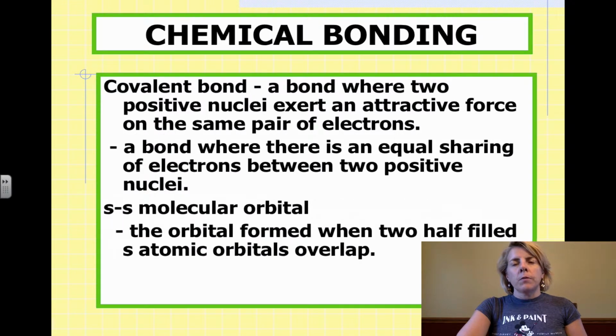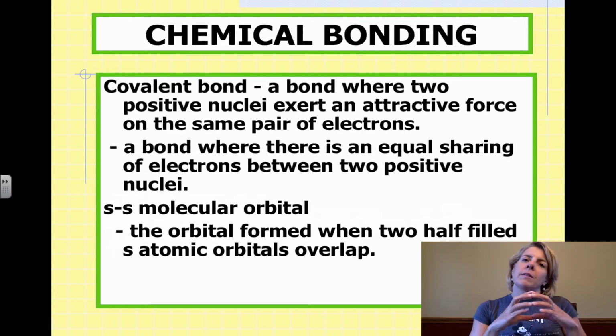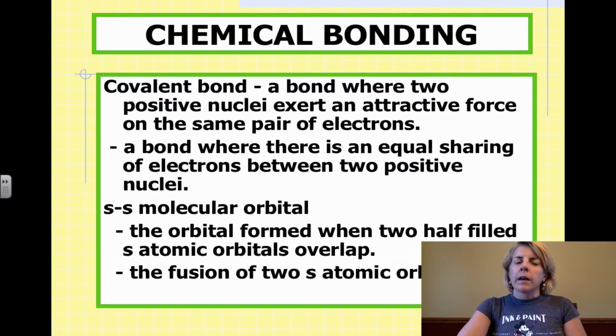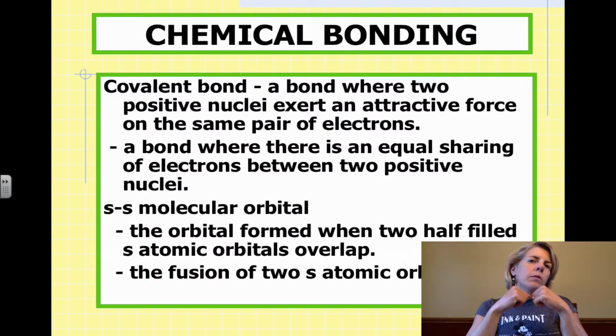We talked about quantum mechanical structures and the s orbital, which is the shape of a sphere. So we have two overlapping spheres that form this covalent bond. With this overlapping of two spheres, we get what we call a covalent bond.